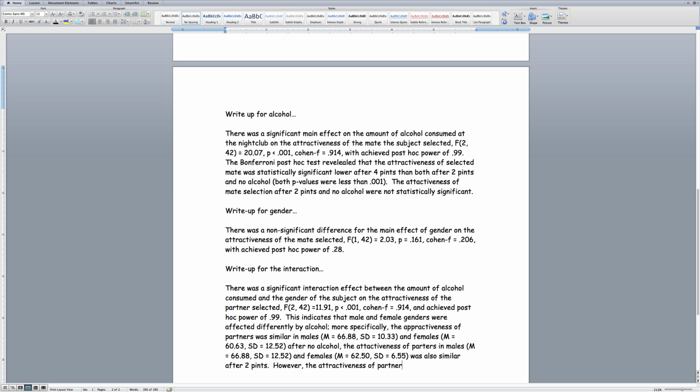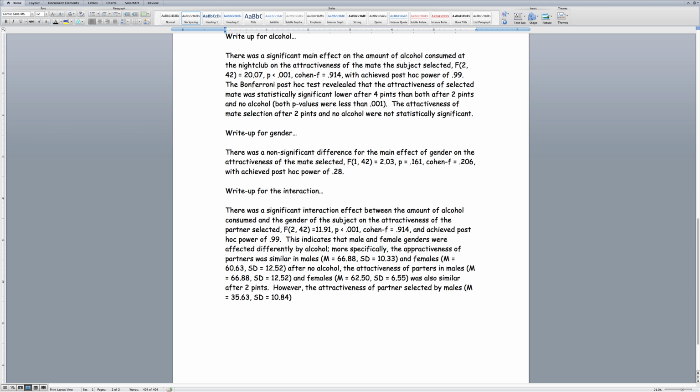All right, so however, the attractiveness of partner selected by males, and I have 35.63 with a standard deviation equal to 10.84. Again, just doing nothing fancy here, guys. It's a cumbersome mess because I've written all this stuff down on a sheet of paper and my writing wasn't very good.